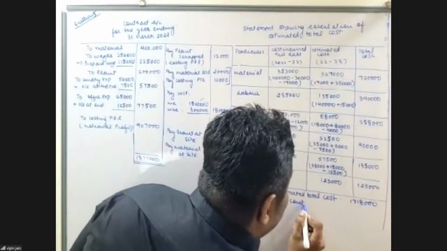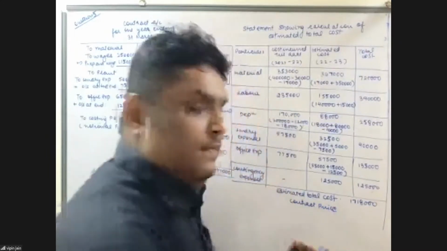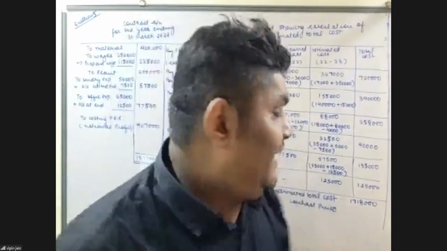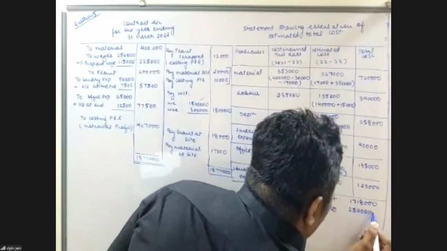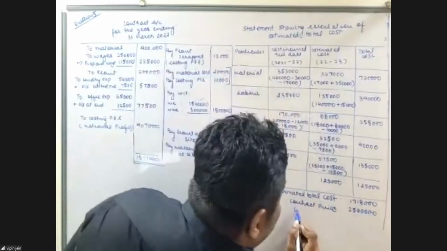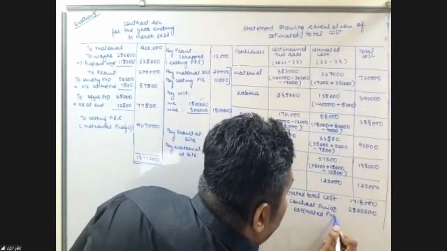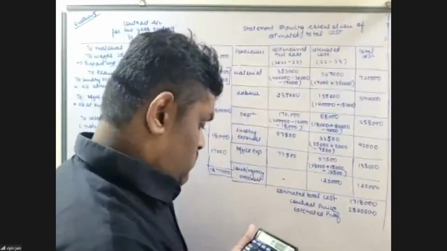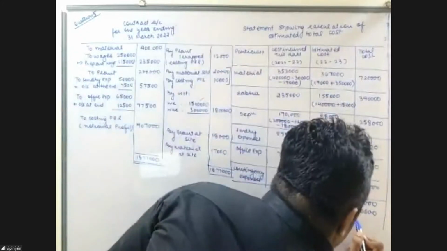My contract price is given in the question, that is 25 lakh. So my estimated profit is 7,82,000.